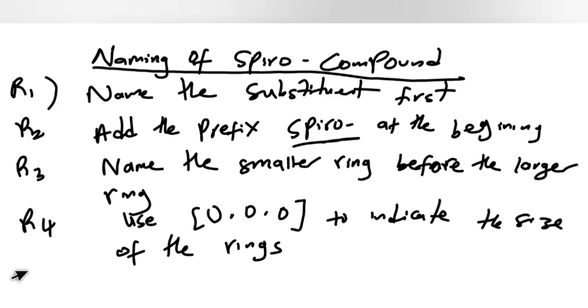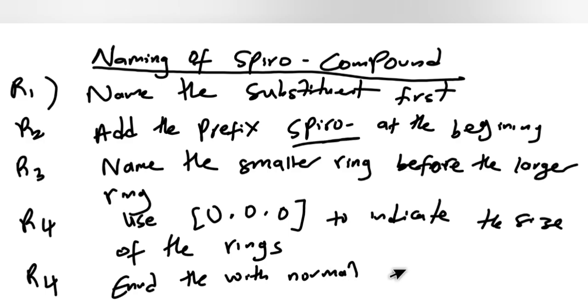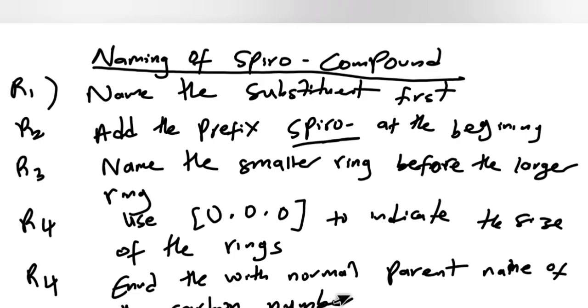Then the last one but not the least, rule 5, end with the normal parent name of the carbon number. So maybe you have altogether 10 carbon, that is decane. When you have altogether 8 carbon, that is octane.